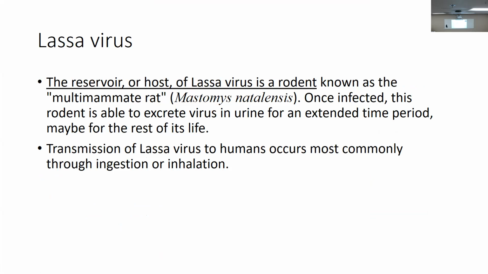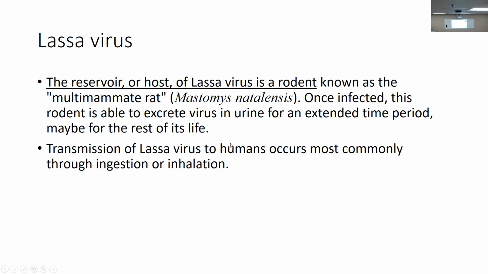The reservoir host is a rodent known as the multimammate rat. Once infected, this rodent is able to excrete virus in its urine for an extended time period, maybe for the rest of its life. Transmission of the Lassa virus to humans occurs most commonly through ingestion or inhalation.